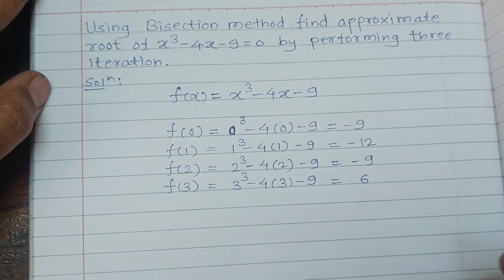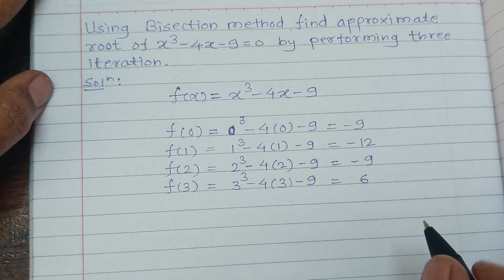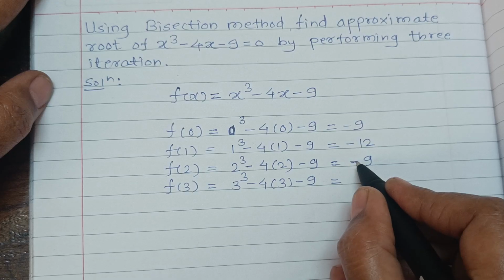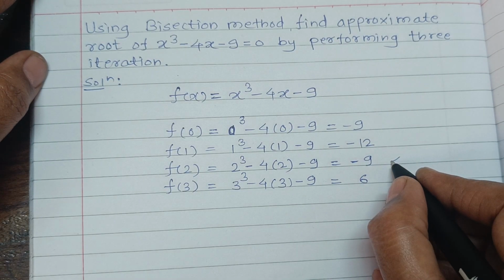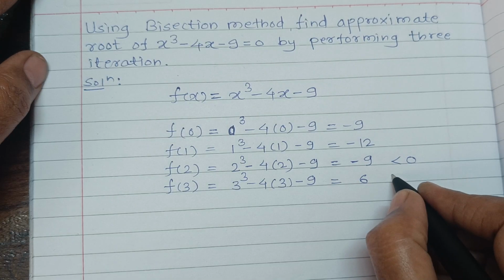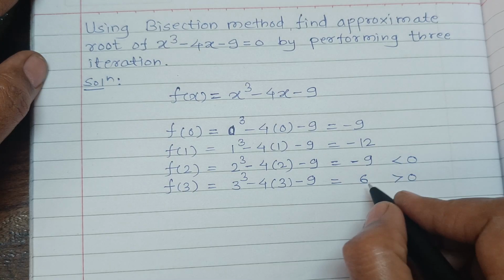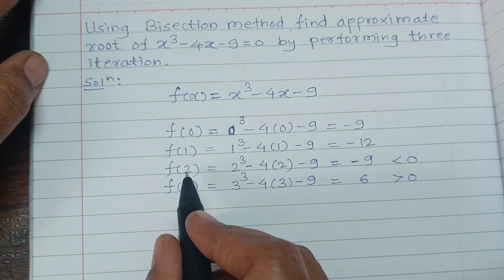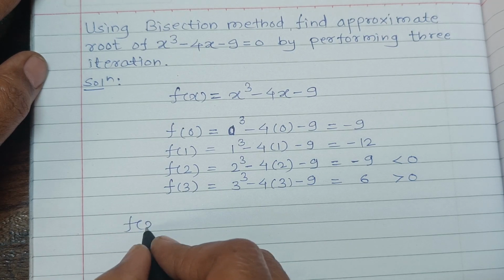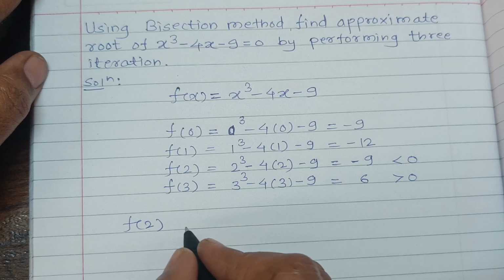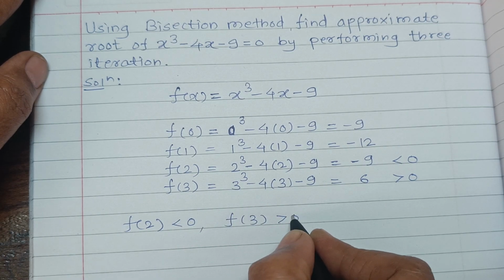to plus 6. Now we have two adjacent numbers with value of fx with opposite signs. That is, this number is less than 0 and this number is greater than 0. fx having opposite sign, therefore root lies between 2 and 3. f of 2 is less than 0 and f of 3 is greater than 0.